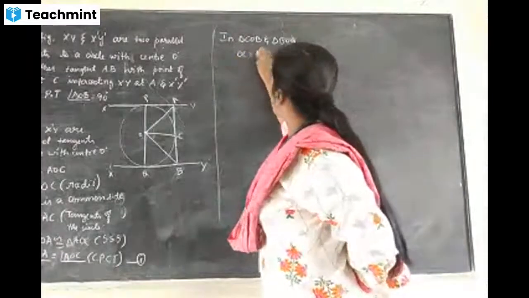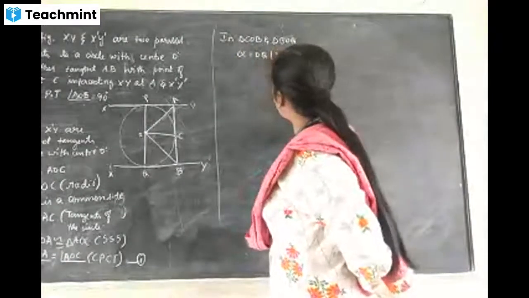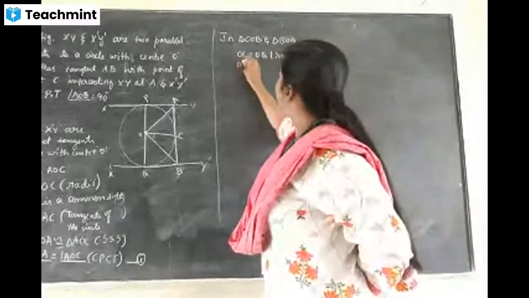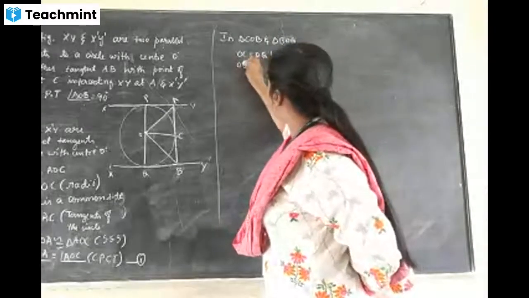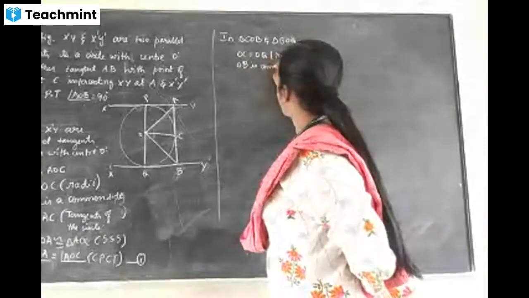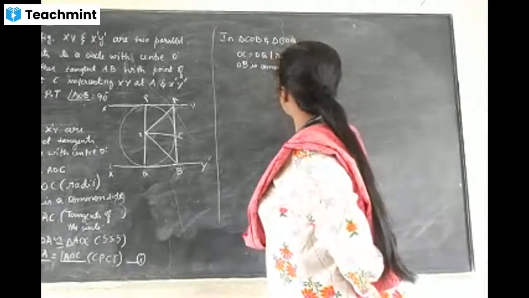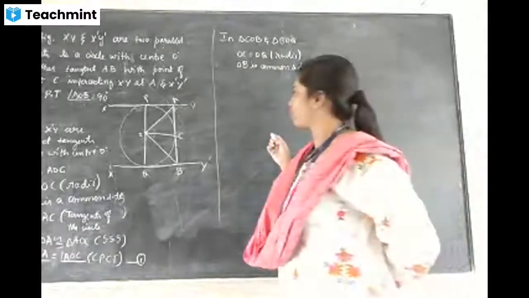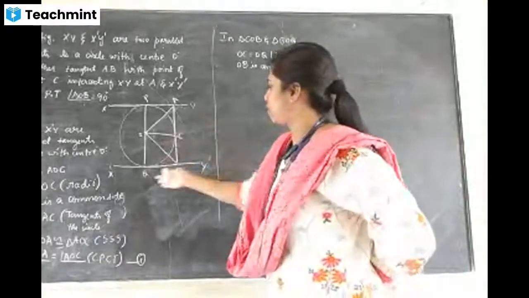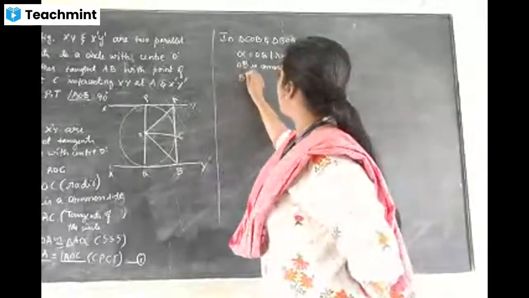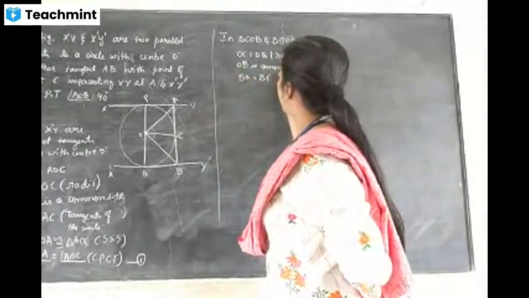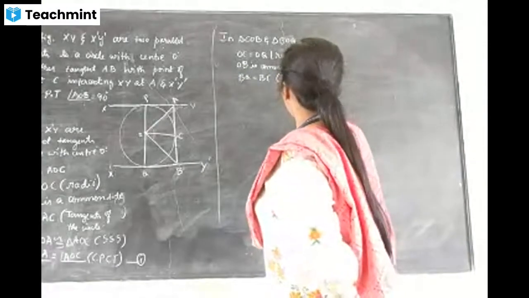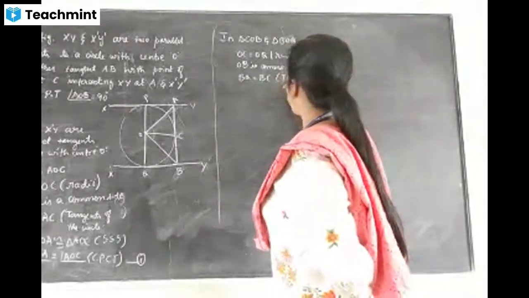OC equal to OQ, radii. OB is the common side. Next, BQ equal to BC are the tangents drawn from an external point. That actually you must write fully: tangents of the circle.